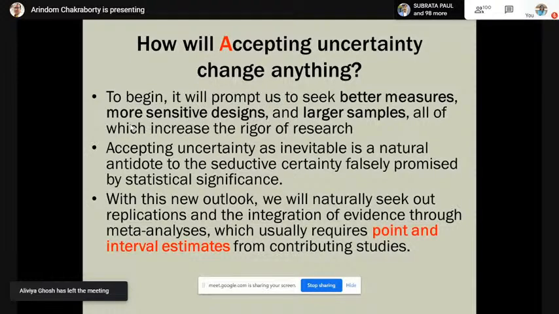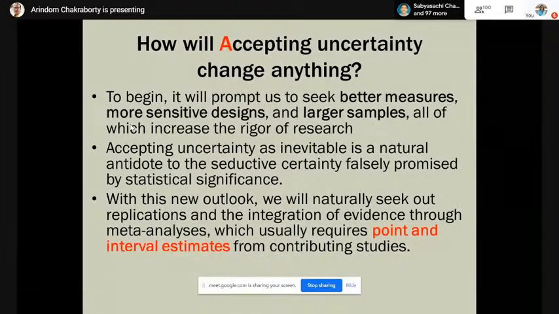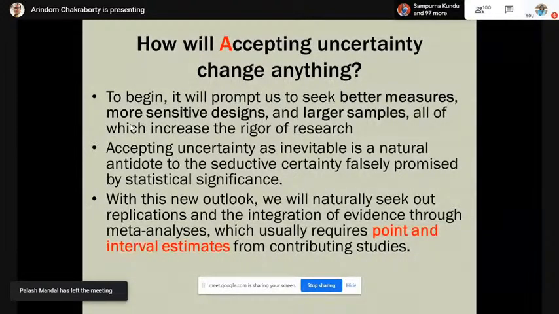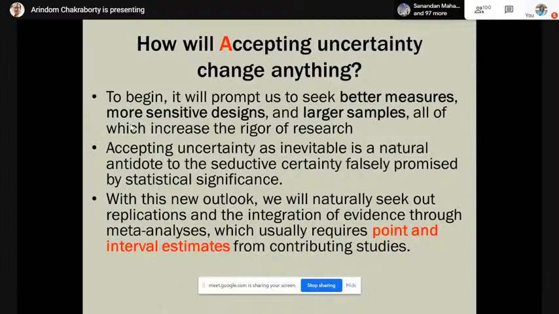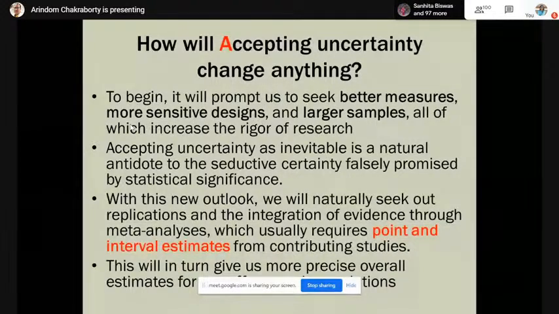You collect the evidence from those papers and do what we call meta-analysis, so that you can borrow much information from those published results. Meta-analysis nowadays is growing very much. Whenever we don't have large samples, meta-analysis will give you some avenue to work on. This in turn gives us more precise overall estimates.